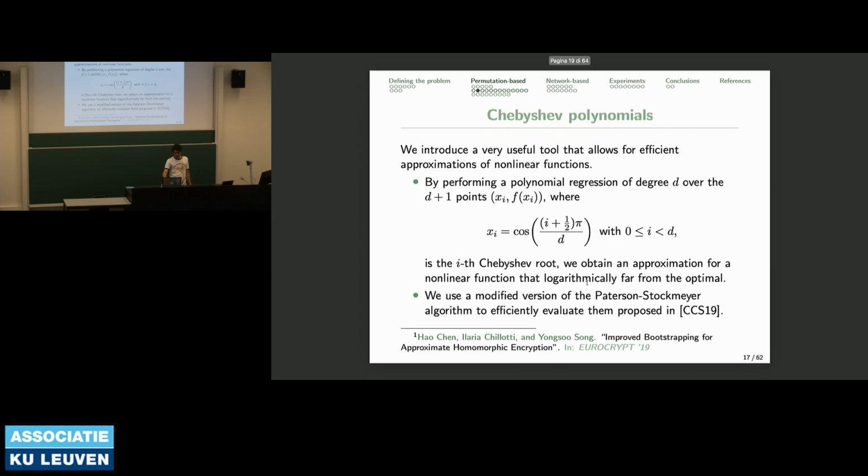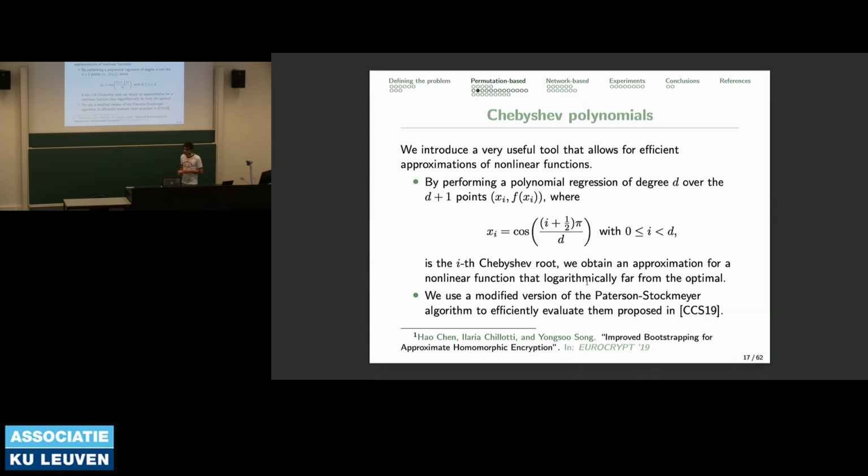Okay, so quickly I will introduce this nice tool, which are Chebyshev polynomials. The thing is, if we pick d+1 Chebyshev roots, and we perform a polynomial regression over these roots, then we can find an approximation for a nonlinear function, which is not the best, but we have some results that say that it is logarithmically far from being the best.